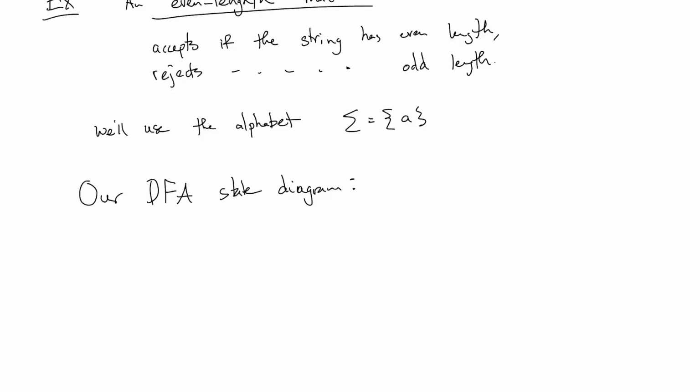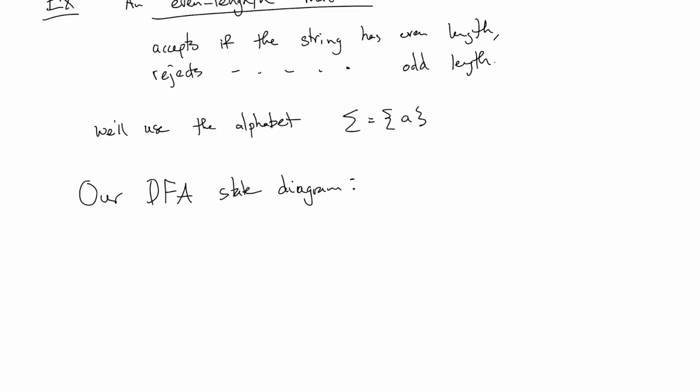When it starts, before you read any letters, that's like I read 0 letters. I'm going to pretend that what I've seen so far is even, because 0 is even. And then when I read one letter, if it was even before, that means it's now odd because I just added one more letter. But if it was odd before, then it's now even because I just added one more letter. And then you read the letters one at a time. You keep on flipping back and forth between even and odd.